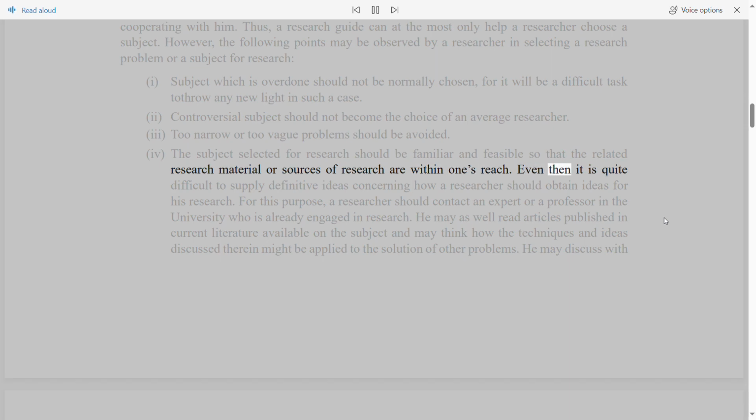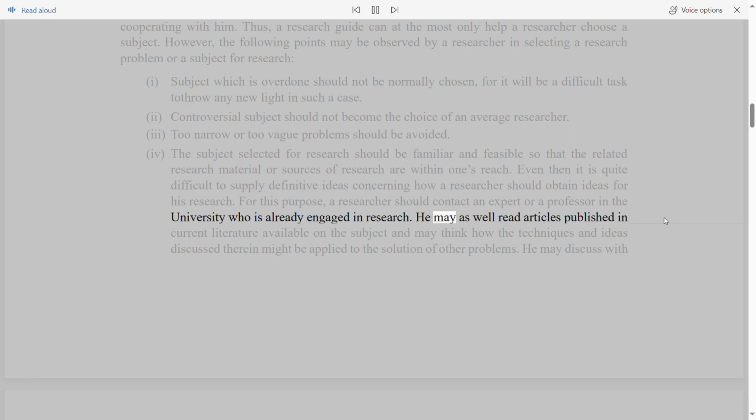Even then, it is quite difficult to supply definitive ideas concerning how a researcher should obtain ideas for his research. For this purpose, a researcher should contact an expert or a professor in the university who is already engaged in research.